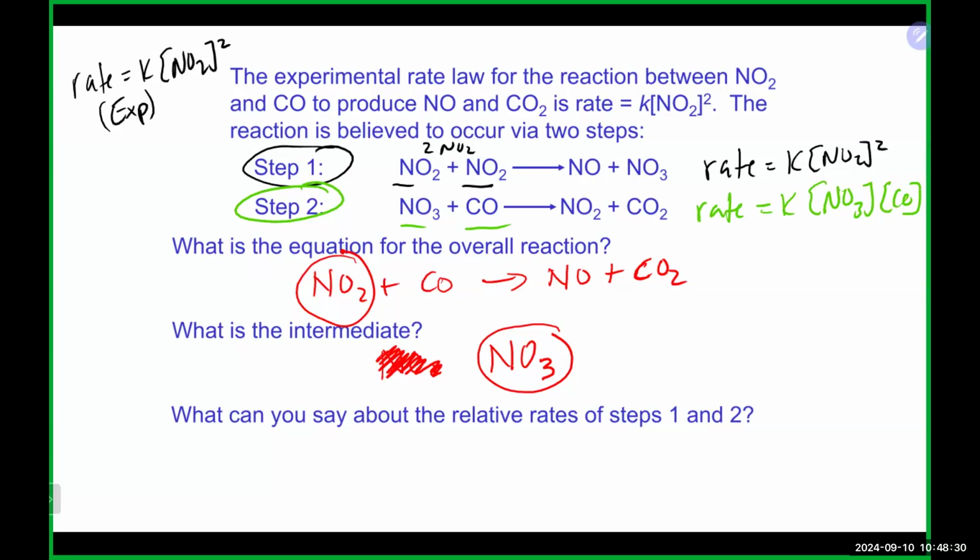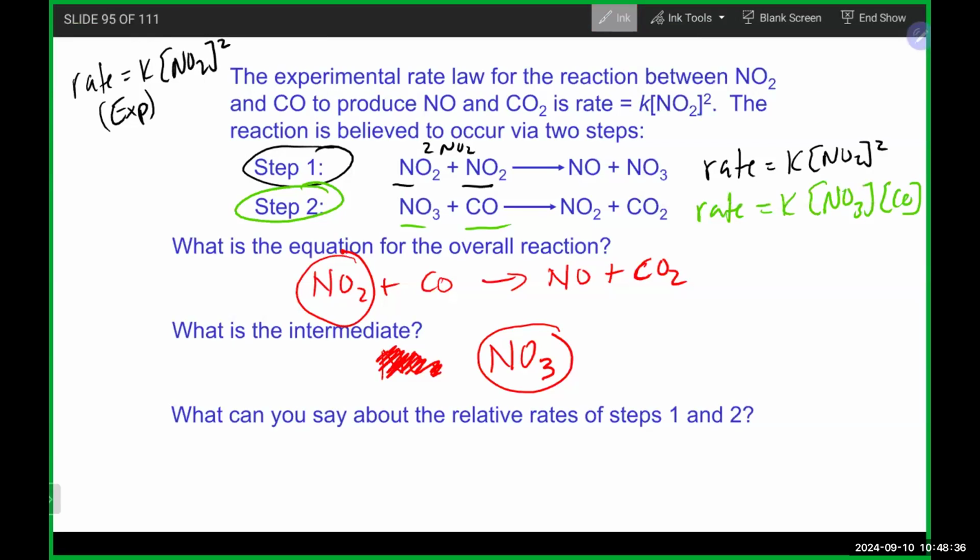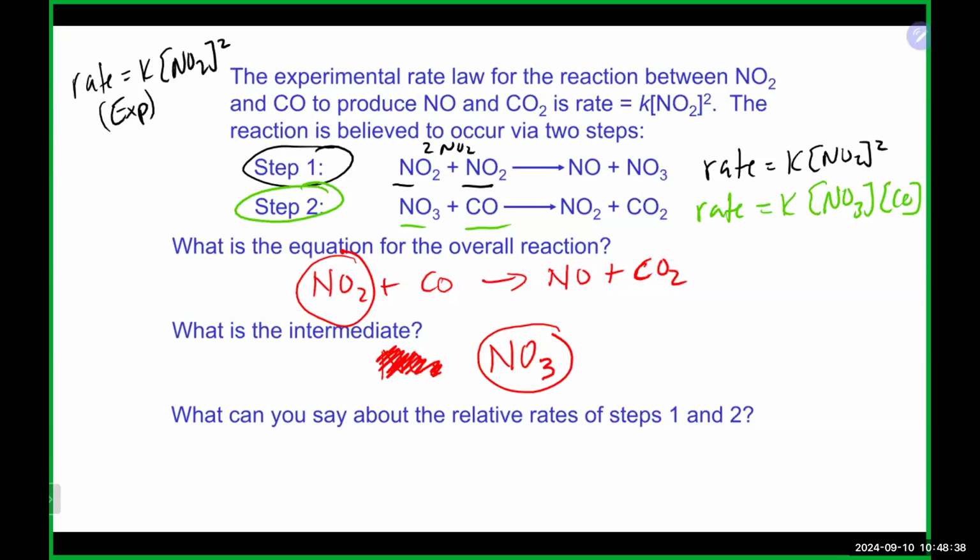First off, any questions? I got the rate laws, reading those. Again, this is the one place where we can use the coefficients as the orders. Now, earlier we talked about how the rate law for the rate determining step should match the rate law that is found experimentally. Which step here matches the rate law that's found experimentally?